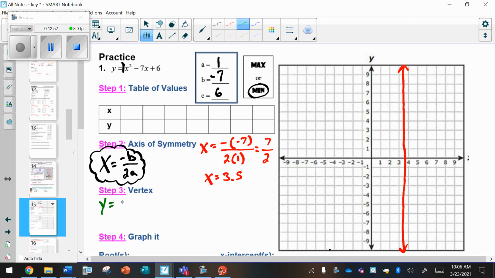So I'm going to take my equation, use my parentheses to show that I'm substituting in 3.5 in for x. So it's 3.5 squared, just like x squared, minus 7 times 3.5, just like minus 7x, and then plus 6.